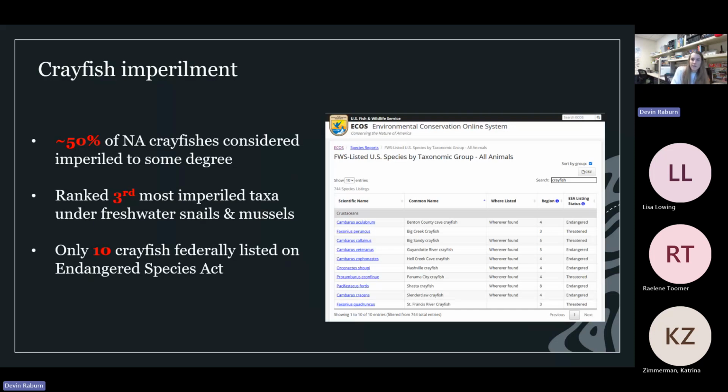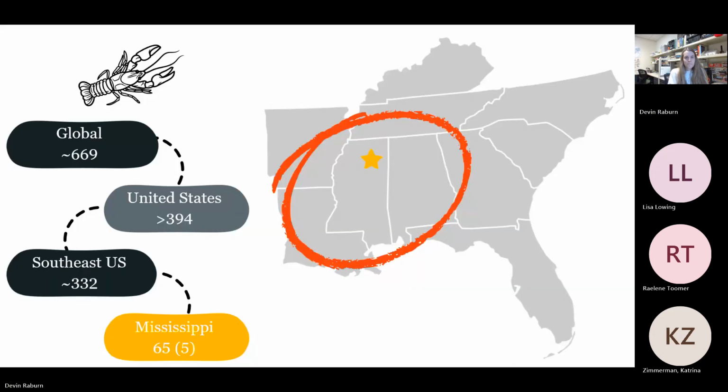And despite this, there's a vast disparity in species recognized as imperiled by professionals, as we see here, and those actually listed on the Endangered Species Act. Overall, there's only 10 crayfish species that are federally listed on the Endangered Species Act, and we can see those listed over here.